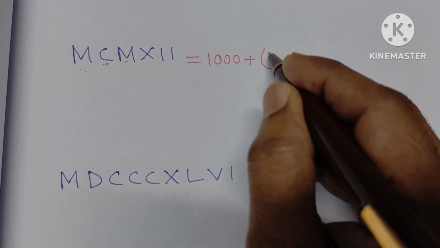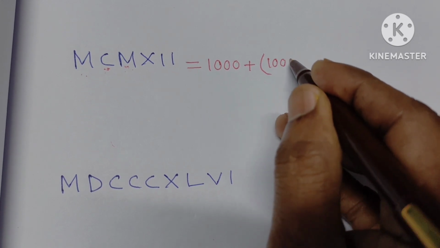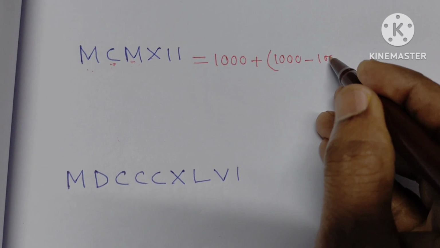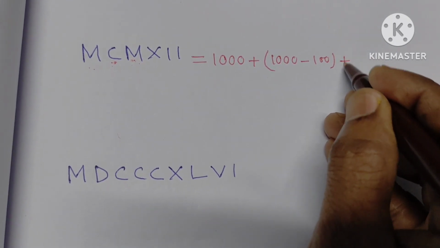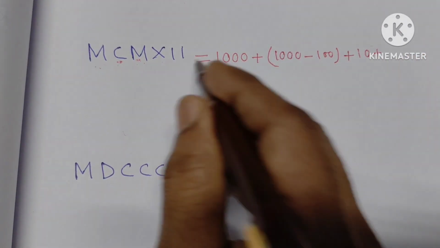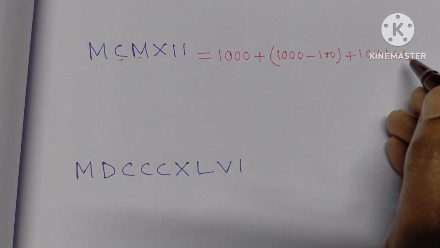So how will you write? This one you have to write first. M represents 1000 minus C represents 100, plus X represents 10, then 1 plus 1.